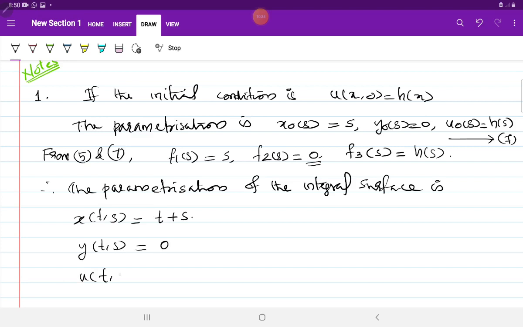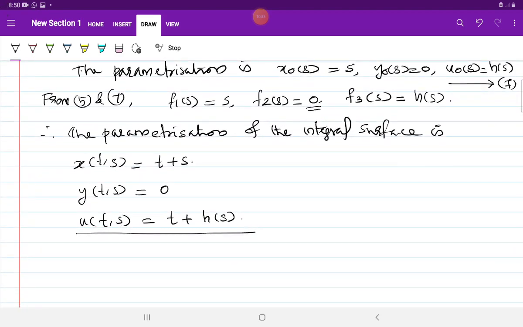Now u of t comma s is t plus f3 of s, and f3 of s is h of s. Okay, so this is the parameterization of the integral surface.